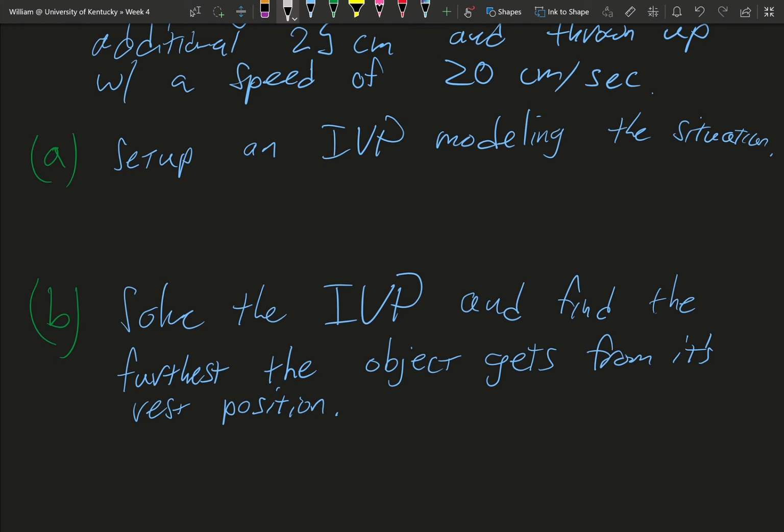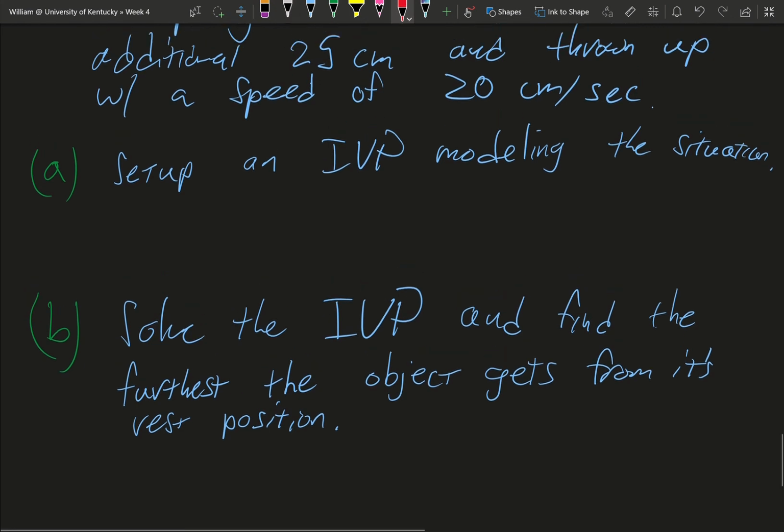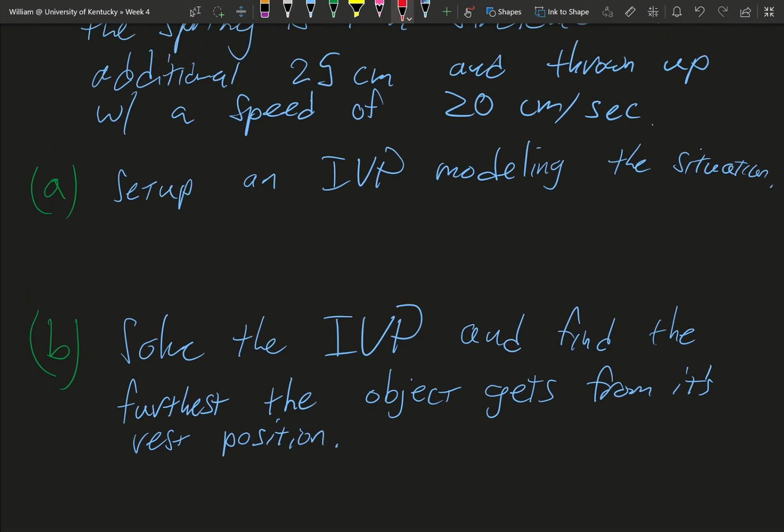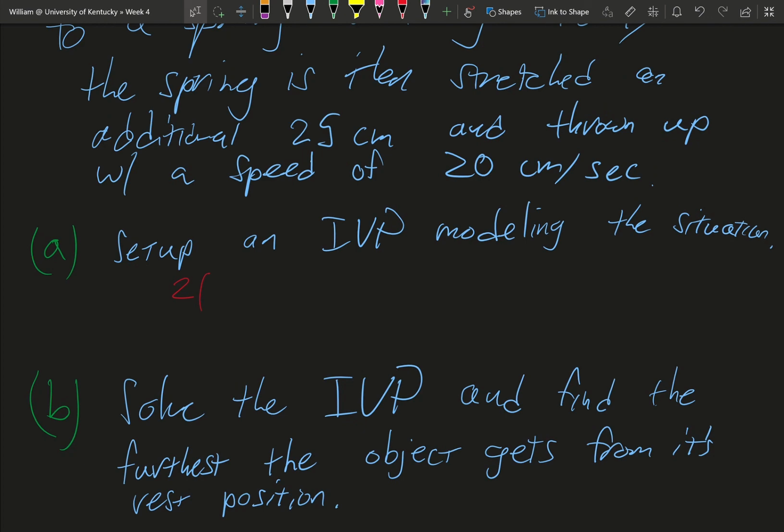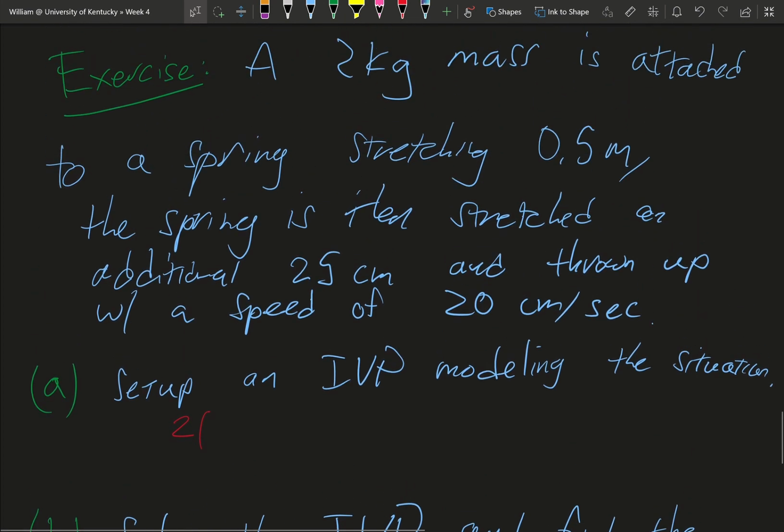Okay, so pause it here if you want to try it. Otherwise, I'm just going to go straight into the answers. Not going to fully work these through, but I'll sketch it. So here we should have two. If we convert everything into centimeters, we get 50 centimeters there.